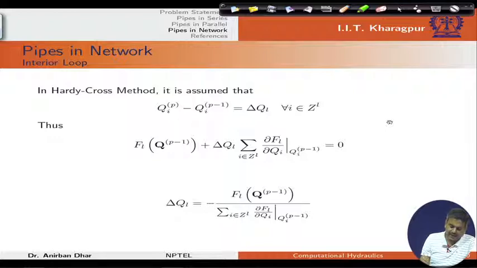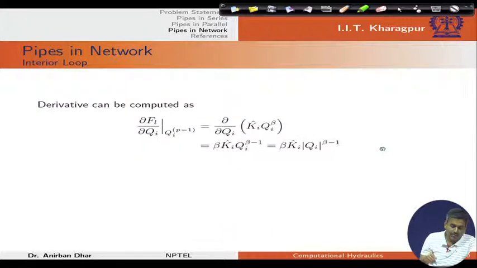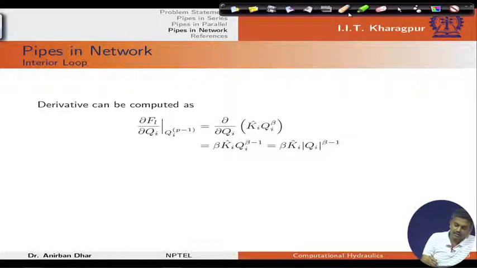Which is again interior loop. Now, for this interior loop we need to calculate the derivative. So, obviously if I take a derivative of this FL, FL is nothing but Ki Qi individually, we need to take derivative of this term only, other terms will be 0.